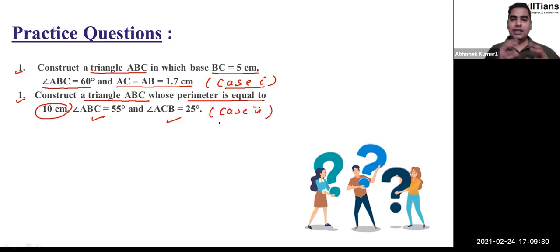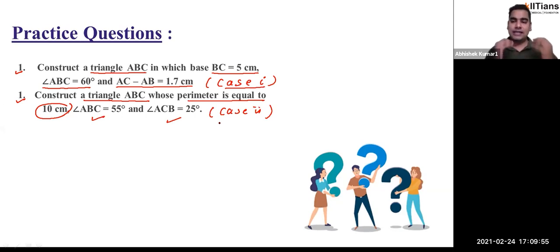So let us quickly revisit the topics that we did today. The very first topic was how a triangle can be constructed when you are provided the base, one of the base angles, and the difference of the other two sides. In this case we learned two sub cases: one was when AB is greater than AC, and the second was when AC was greater than AB.